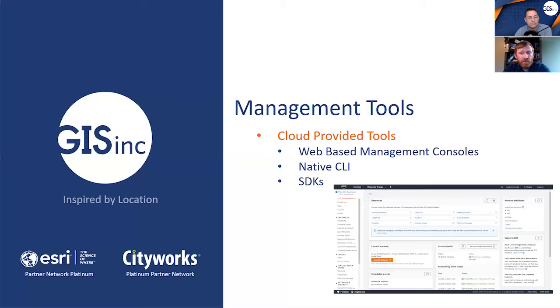These are beneficial because you can use scripts to build out automation as well. And then you have deployment and management tools. And these allow you to use infrastructure as code to automate building out these environments. Some examples would be CloudFormation for AWS and Cloud Deployment Manager for the Google Cloud.